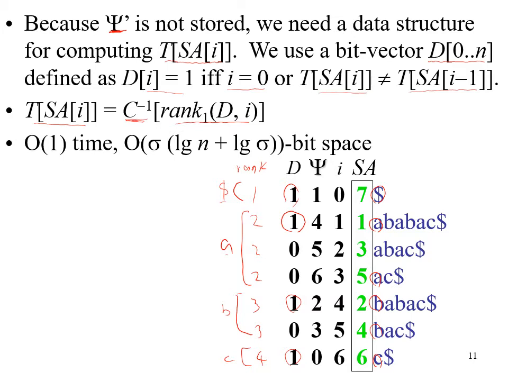Okay. And if we store the bit vector D without compression, then we can compute rank 1 in constant time. And the length is just n, so we use n bits. So the first character is computed in constant time, and the space is sigma times log n plus log sigma. Okay.